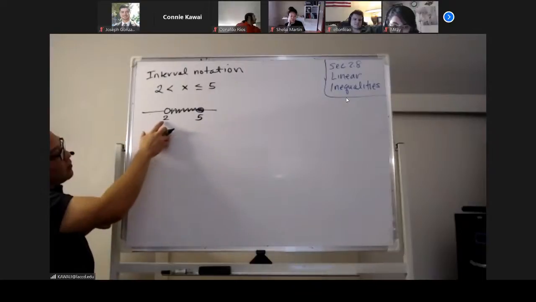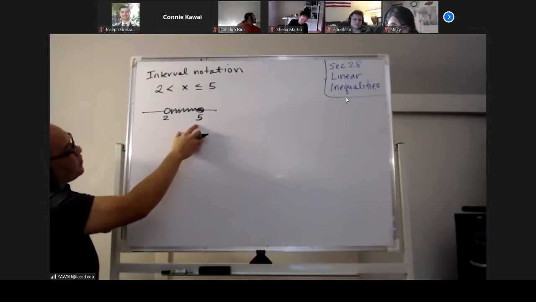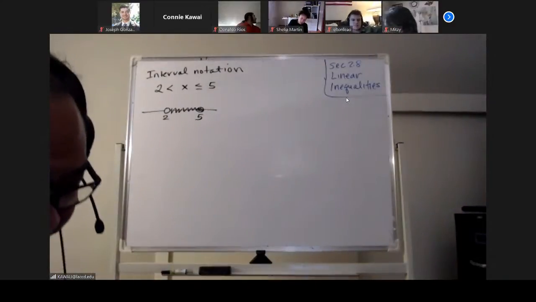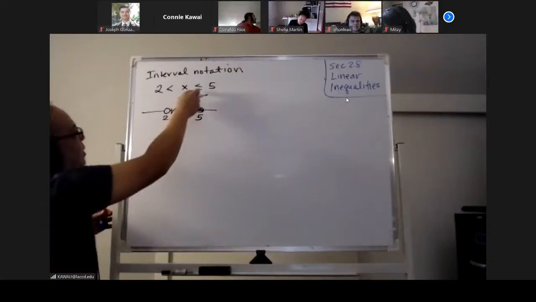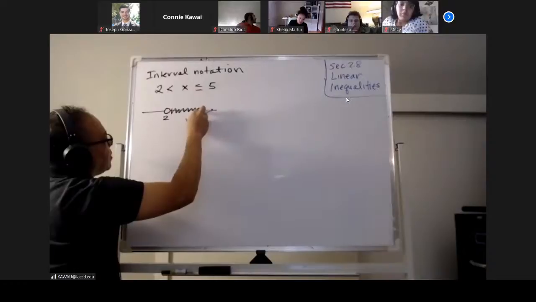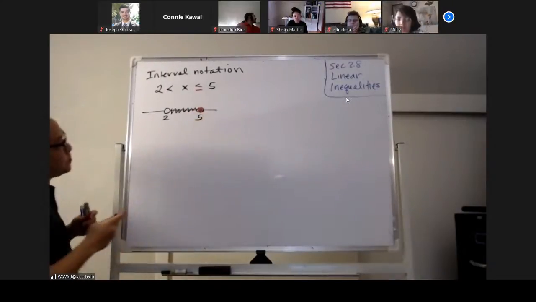Where we can sort of say, well, all the numbers bigger than 2 and up to 5 and equal to 5. Now, you see how this equal sign is connected to this dot being shaded in.